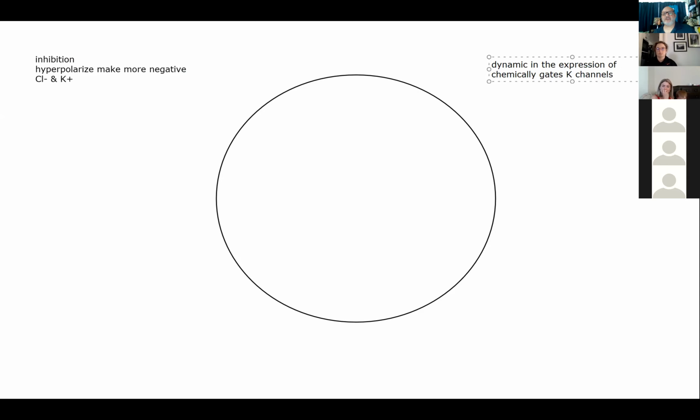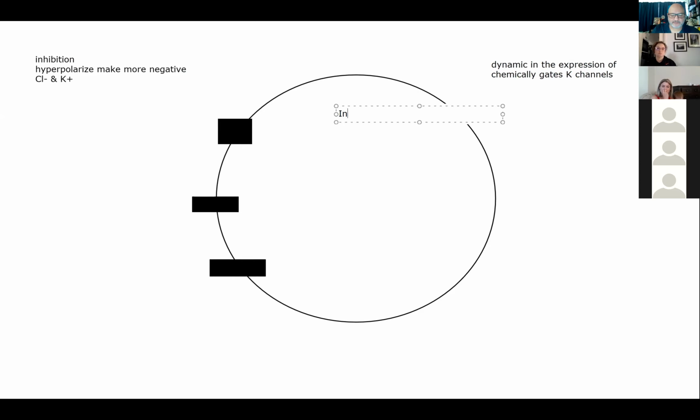So what happens is, let's just put three of them here. There are three potassium channels. So let's say this is our inspiratory center, which fires action potentials.